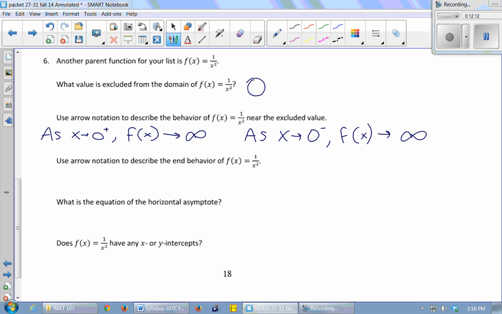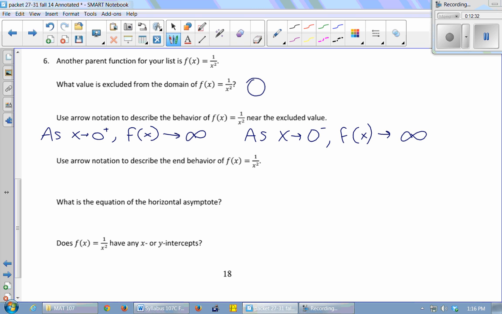So this goes to positive infinity. So that's what happens as I approach 0 from the left and the right. Think about the x-axis: as I'm approaching the middle, it shoots up. So I have a vertical asymptote at 0 again.